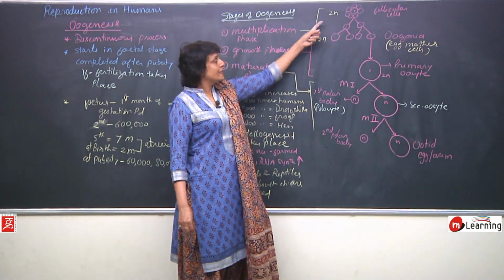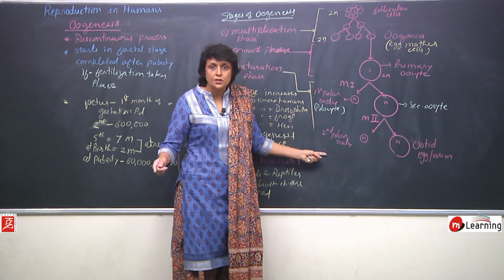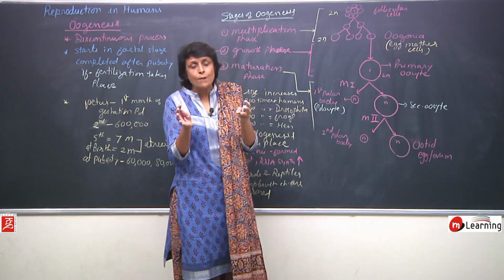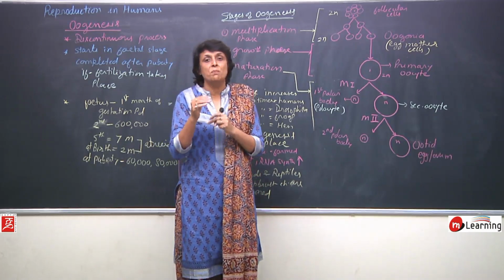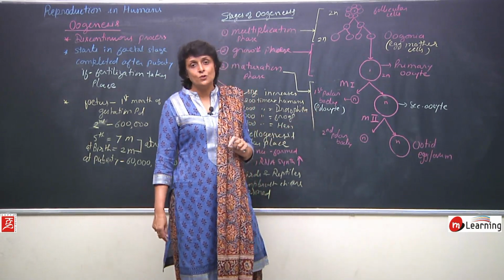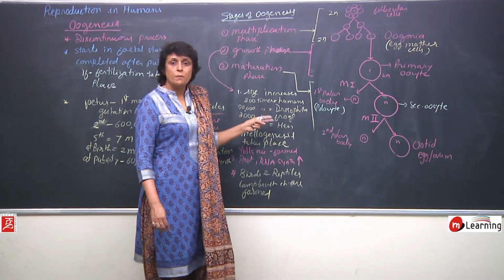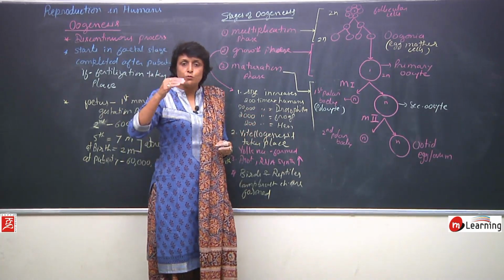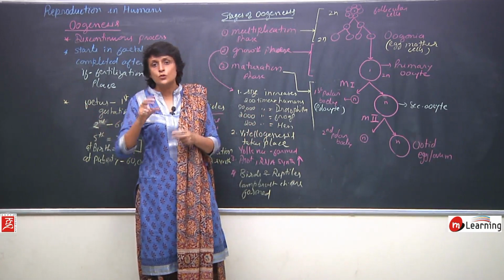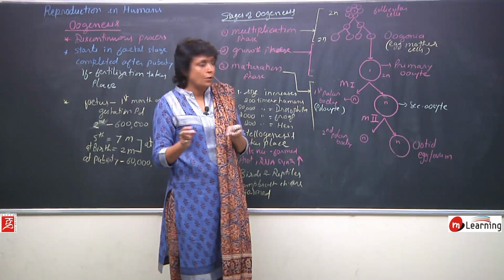Now, this process starts in the fetal stage and ends at fertilization, and there is a long gap where the process remains suspended, and that is why it is known as a discontinuous process. When we saw spermatogenesis, it starts at puberty and then continues. There is no pause or long suspension of any process.